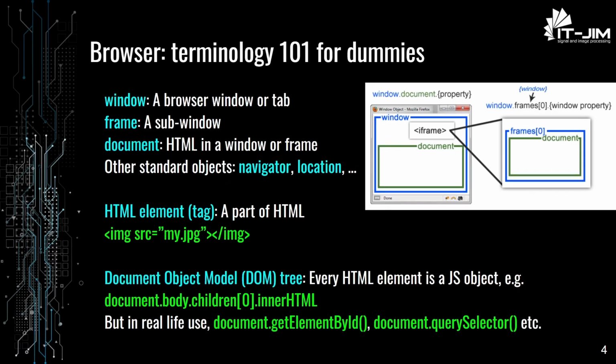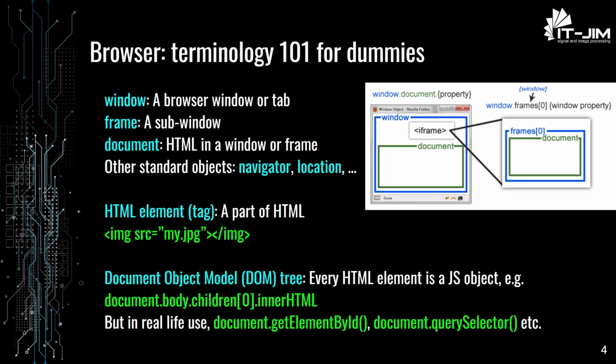I'll very quickly give a basic terminology of web browsers for those who are not familiar with this platform. Window is a browser window or tab in a modern browser. Frame is a sub window. Document is HTML in a window or frame. There are other standard objects in JavaScript in the browser like navigator, location, and so on.